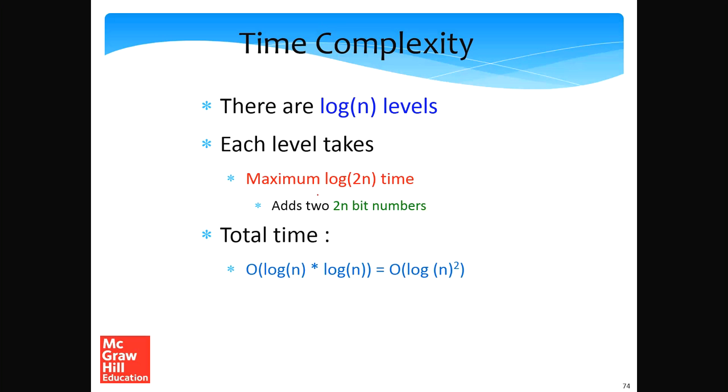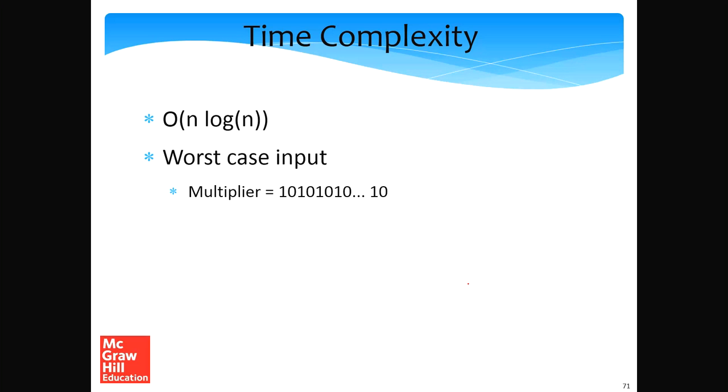So the total time taken is the number of levels multiplied by the time per level, which is log n times log n, which is order of log n square. This is significantly better than our previous complexity, which was order of n log n.